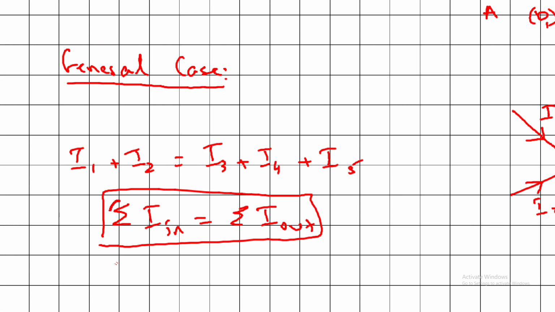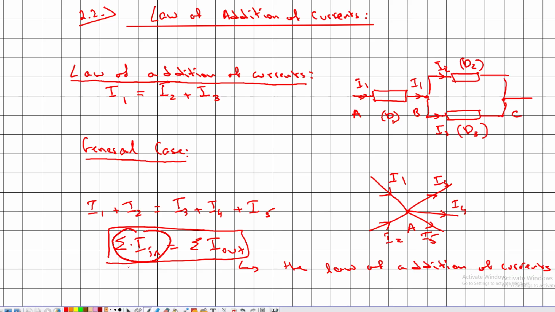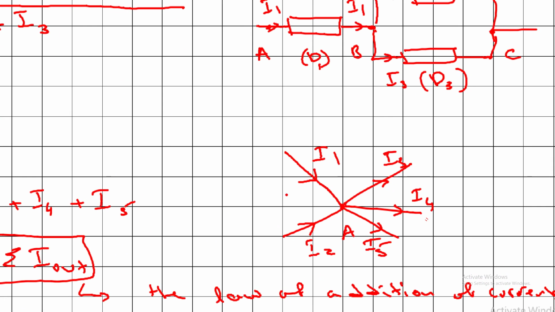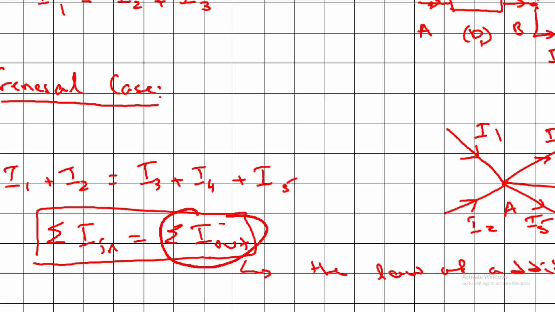This symbol sigma stands for the sum, and this law is said to be the law of addition of currents. Always on the left we place the sum of currents entering a node. How do we know that these currents are entering the node? Simply because these arrows are pointing toward the point A, and on the right hand side we write the sum of currents leaving the node.